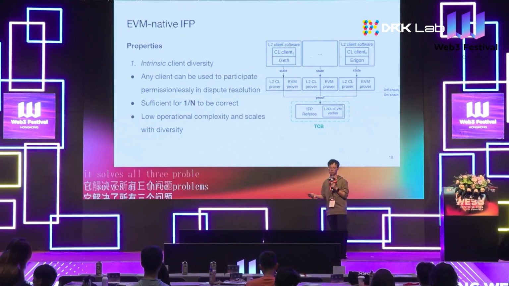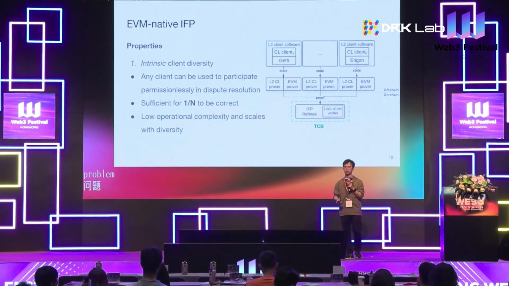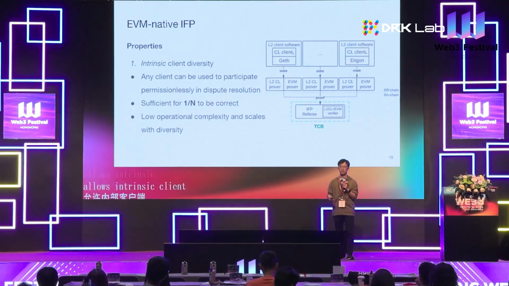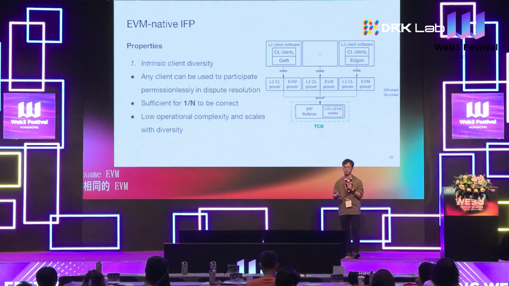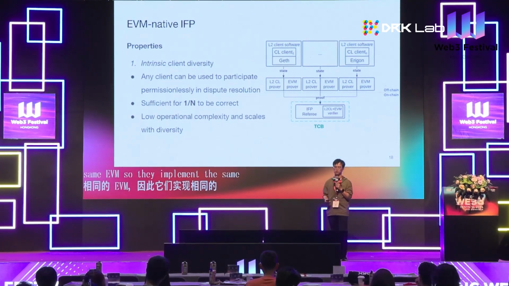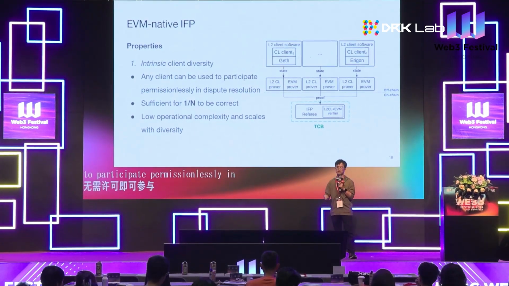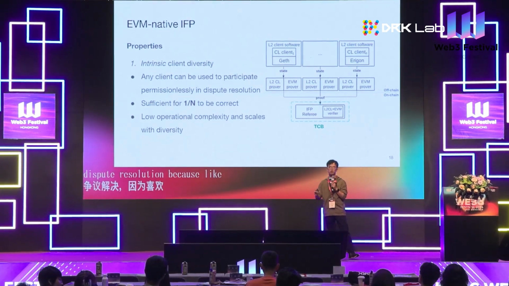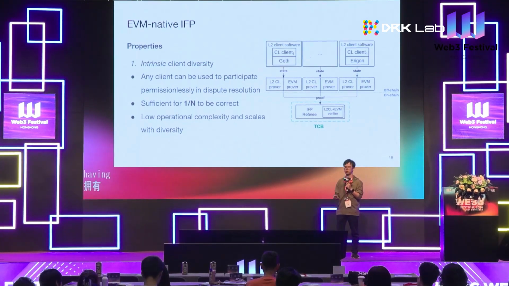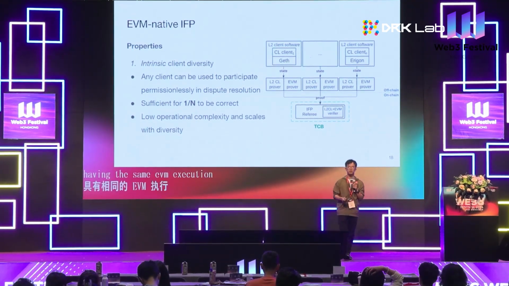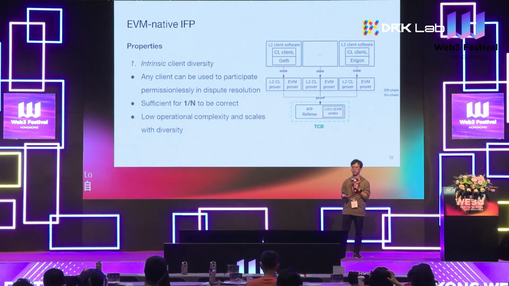Why? For the first problem, this architecture allows intrinsic client diversity, because any clients implement the same EVM, so they implement the same semantics. Any client can be used to participate permissionlessly in dispute resolution, because all transactions on the rollup have the same EVM execution trace on every client. So we only need one client to be correct to make sure the fraud proof is correct.